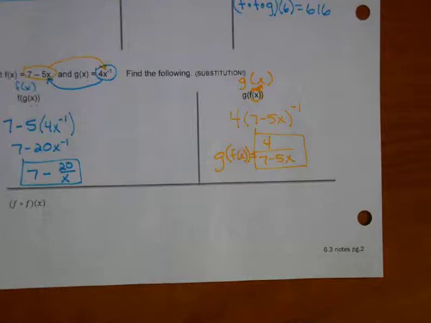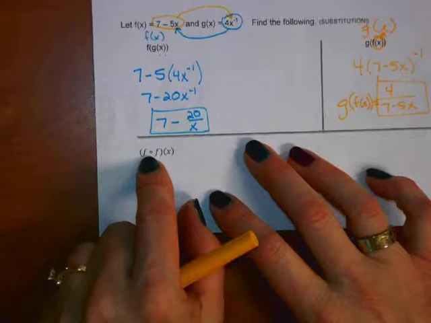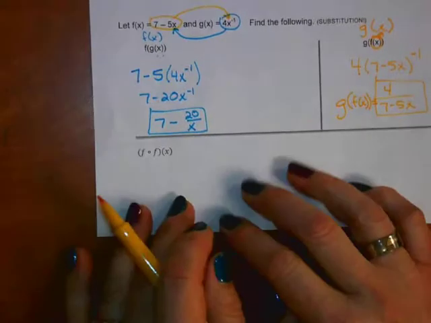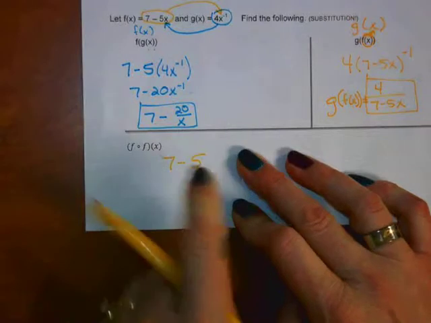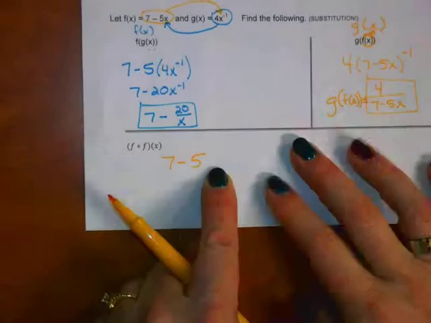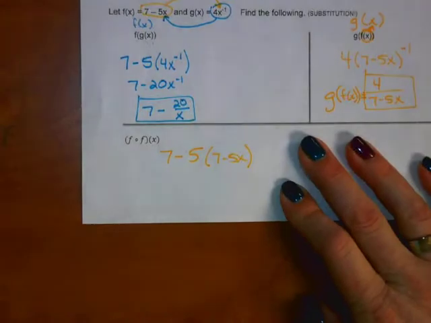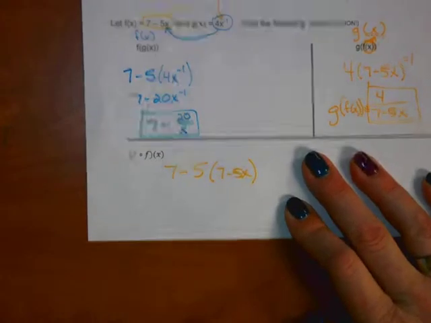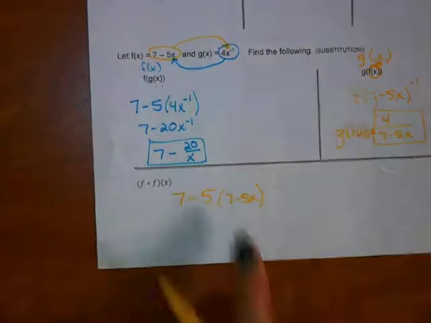Grand finale. We have a sick fish. It's going to swallow itself. Cannibalism. F of f of x. So basically, f of x is this, 7 minus 5x, but where x is, I'm going to put the f function again.